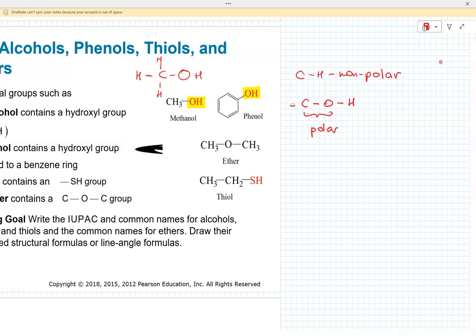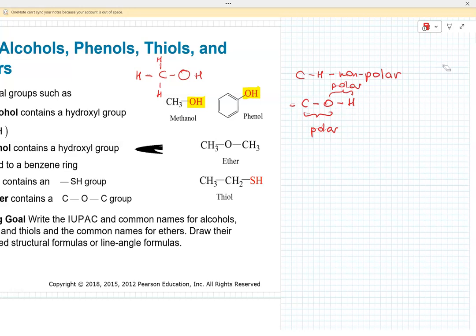Remember that story? And same is true for this bond, because the electronegativity of oxygen is greater than the electronegativity of hydrogen. So we've got a polar bond. And that completely changes the properties of the compound by addition of one oxygen atom.